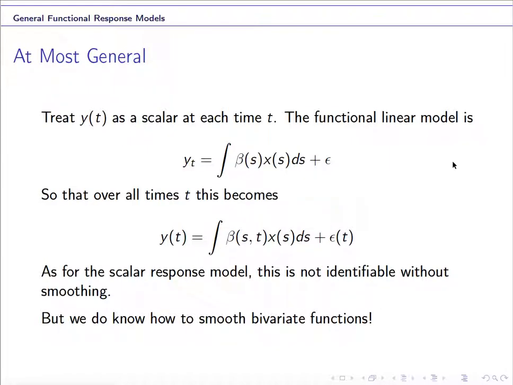This is a phenomenon we find in many applications. Therefore, instead of treating y(t) as depending only on x(t) at the same time, we use the general functional linear model. In this model we have a bivariate coefficient beta(s,t), which can be interpreted as the effect of the covariate at time s on the value of the response y at time t.